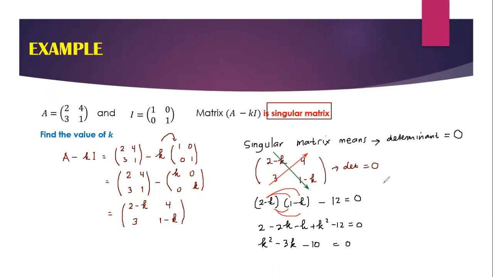Now we are going to factorize this equation, k squared minus 3k minus 10 equals 0. Here is k, this one is k, and because c is negative, the signs are different, positive and negative.